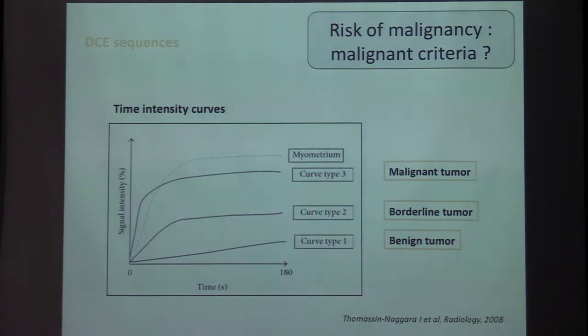Second curve, type 2, which is found in borderline tumors, describes an enhancement earlier than type 1, but which is also later than that of the myometrium, with a plateau effect. And type 3 curve, which is specific to invasive malignant tumors, describes a curve that is shifted to earlier than that of the myometrium.